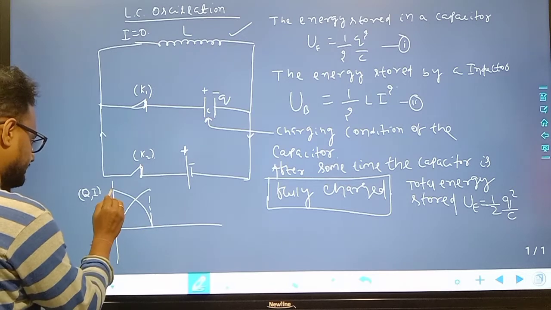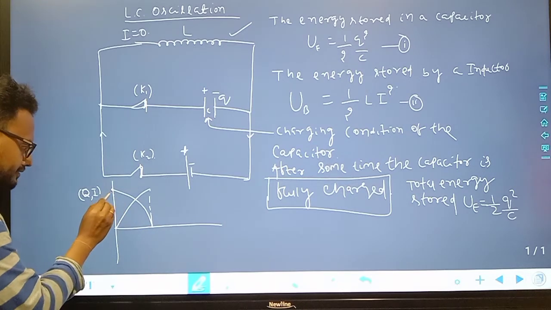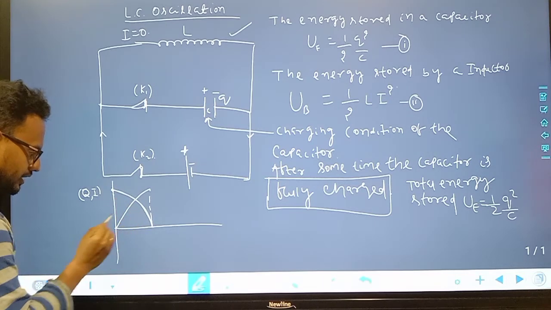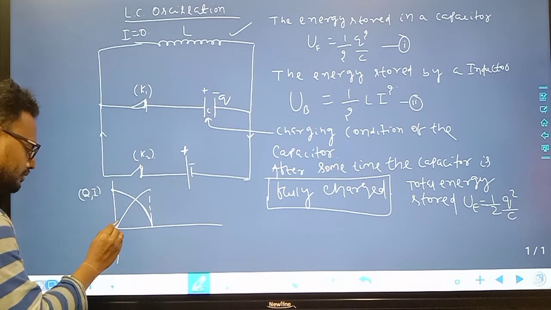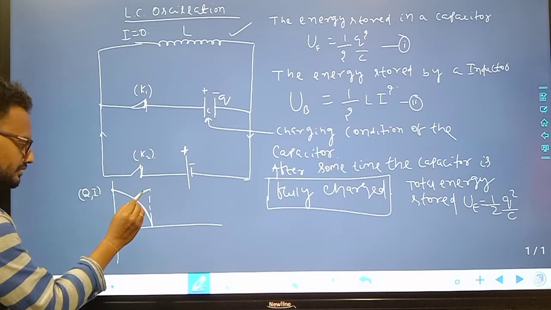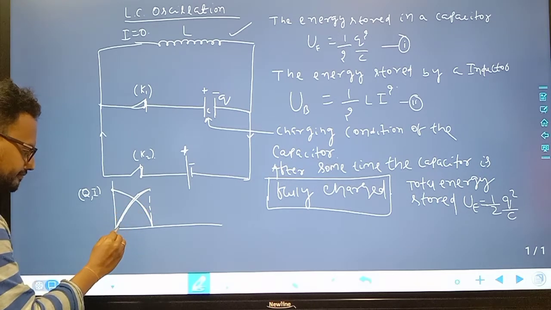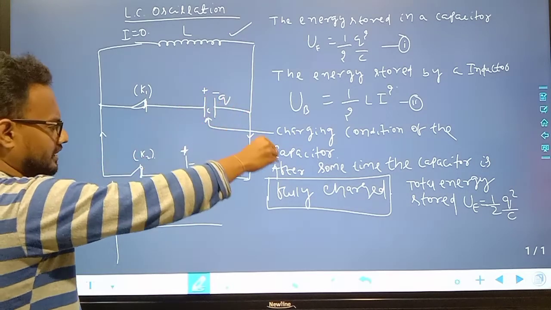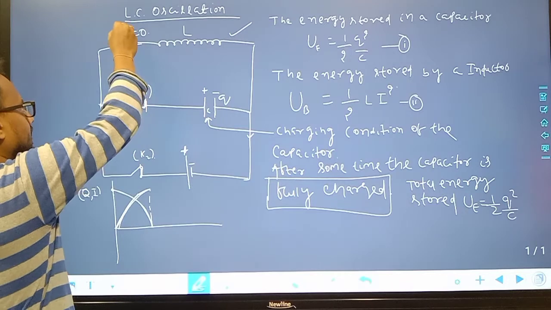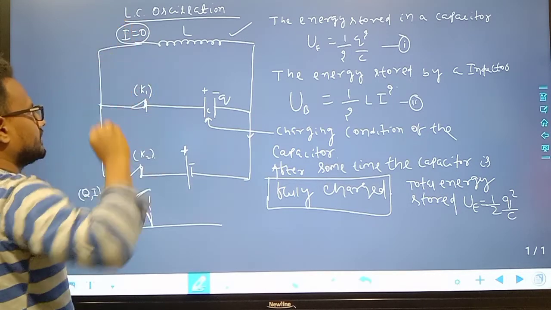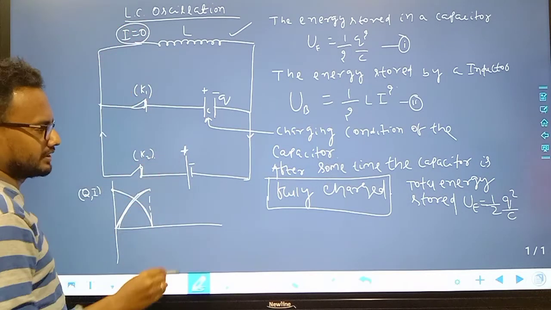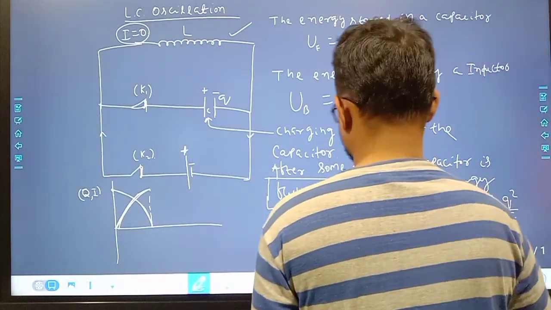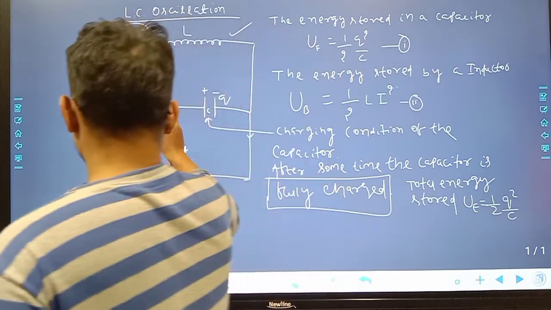Here the current goes from maximum to 0, while the charge goes from 0 to maximum. Now when the capacitor is fully charged, the current is equal to 0. The total energy stored in the capacitor is equal to half Q square by C. Clear?